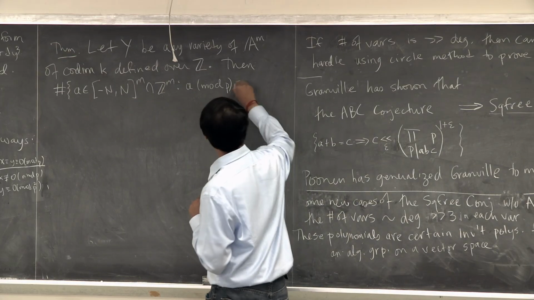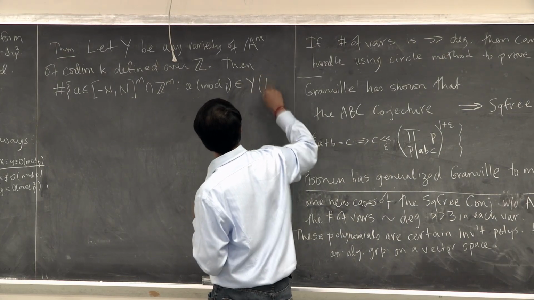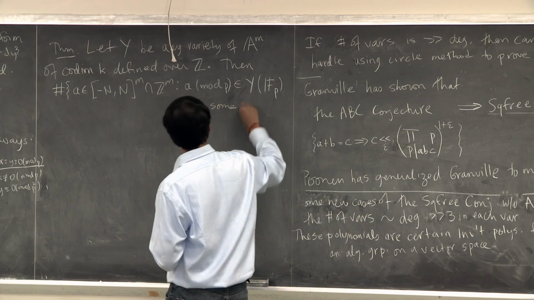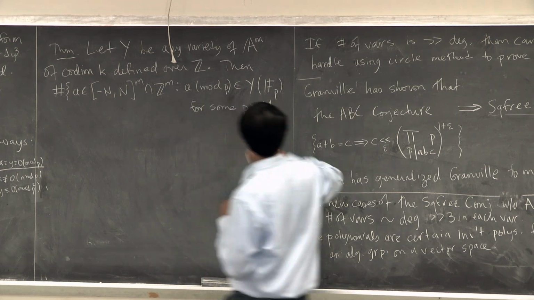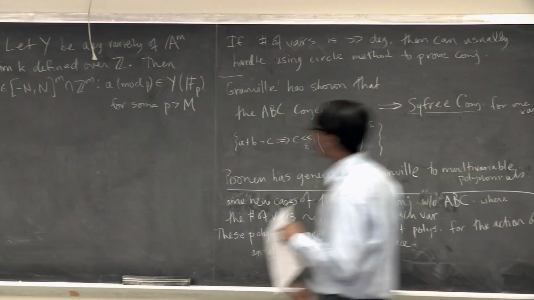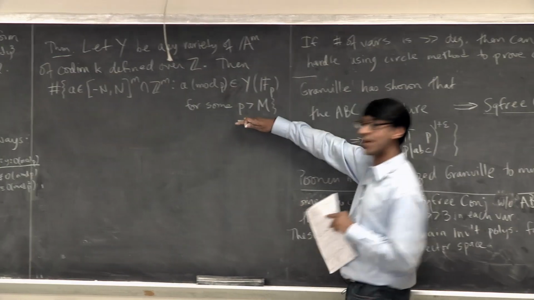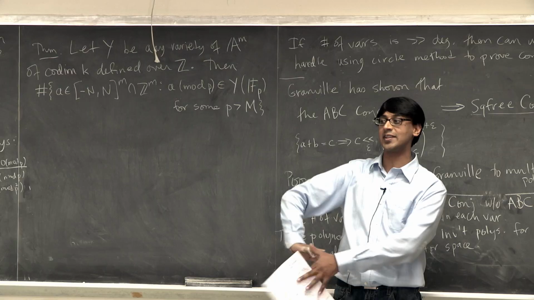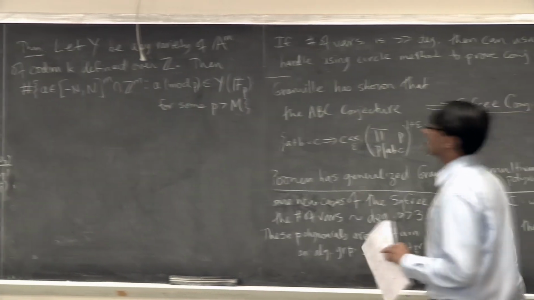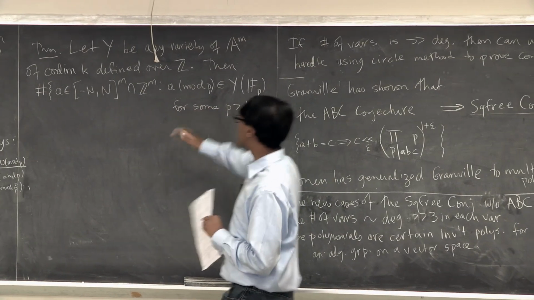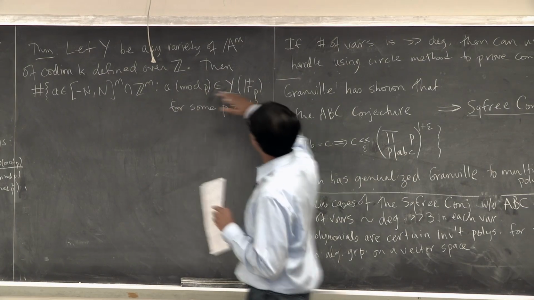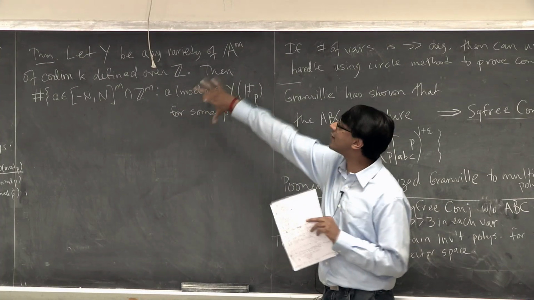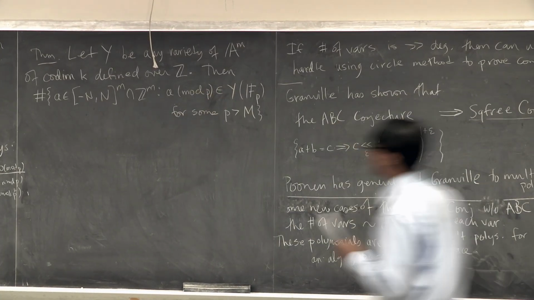So if A mod p is contained in Y(F_p) for some p bigger than M, so M is going to be some big number. This is kind of a tail estimate that we had just when we're computing densities of squarefree values. Remember, we had a sum over p bigger than M. We wanted to know bad stuff wasn't happening too much when p is bigger than M. This is what we'll use to handle such tail estimates in general. So we want to count the total number of things in the box, such that if you reduce mod p, you land on this codimension k variety for some p bigger than M.